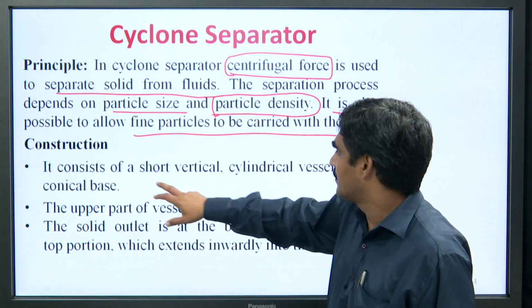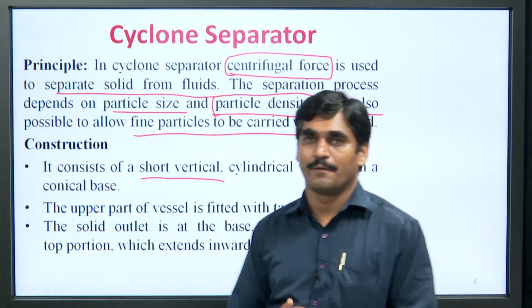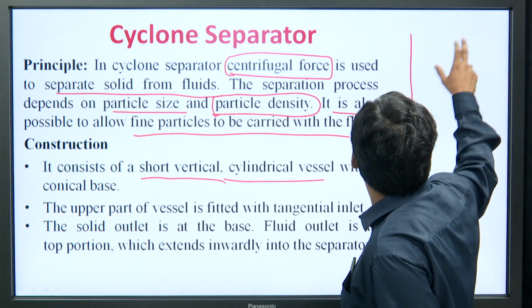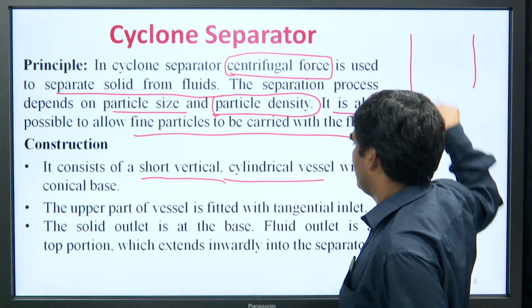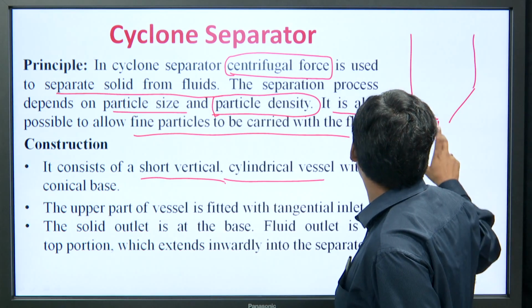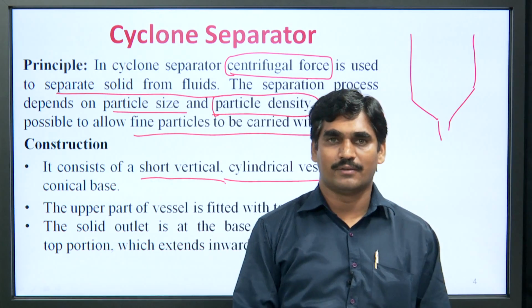Construction of this apparatus: it consists of a short vertical cylindrical vessel. That means, this is a type of short vertical cylinder type vessel with a conical base. So, this is a primary diagram of cyclone separator.